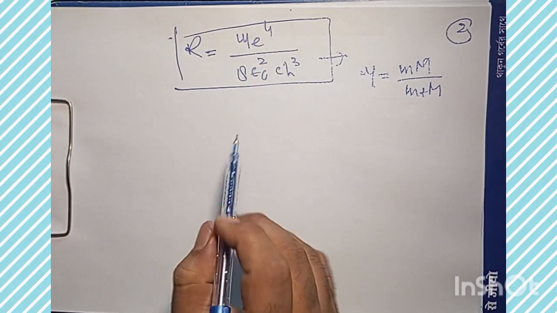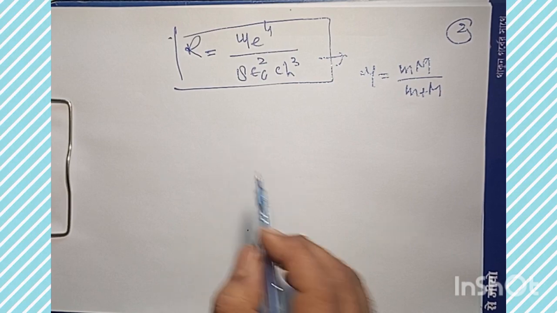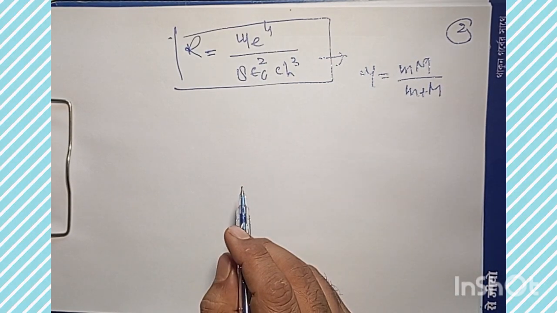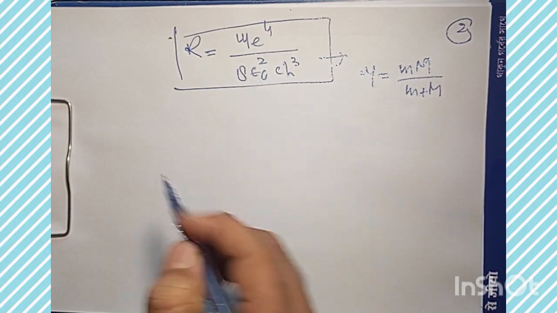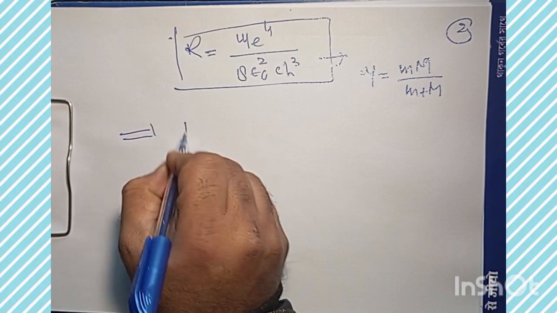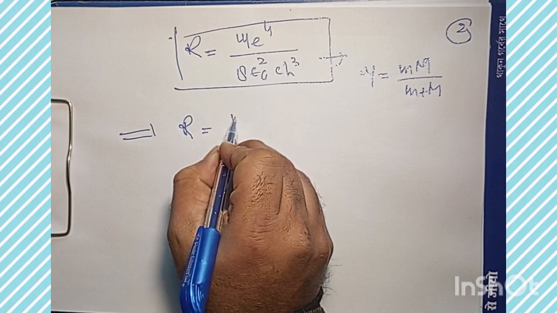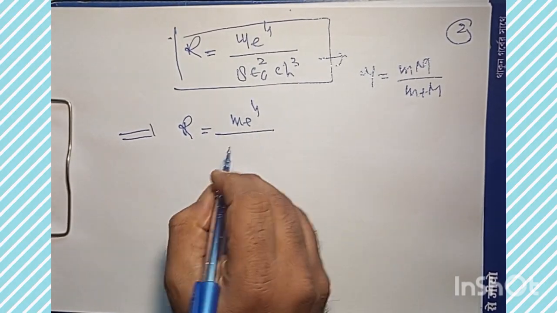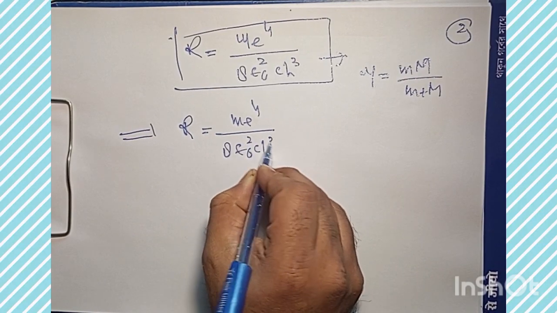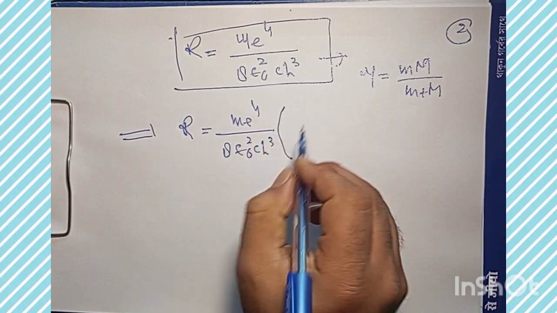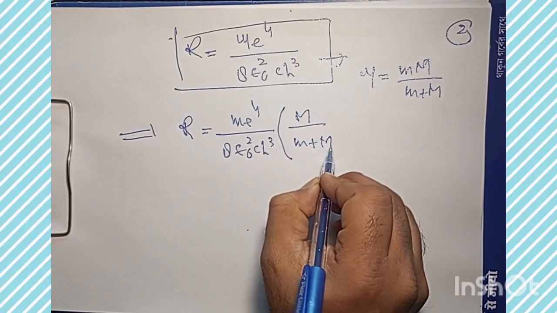Now, if we substitute this mu in the equation for the Rydberg constant, what we will get is R is m e to the power of 4 by 8 epsilon naught square ch cube times M by M plus m.